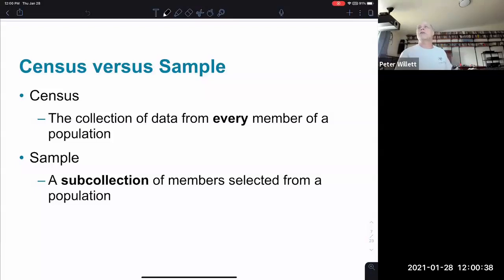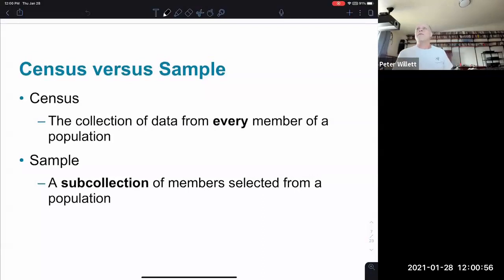Let's say Canada's interested in that information. So they could do a census of every person who drove into Canada, because they could just have all of the places where people cross the border and go through some sort of checkpoint. They could have the people at the checkpoint collect the state that every person drove in from, either simply by looking at the license plate as it crossed over, if they're waving them through, or if they're stopping and asking, they could ask, which state are you coming from?